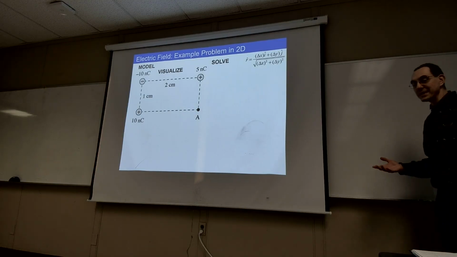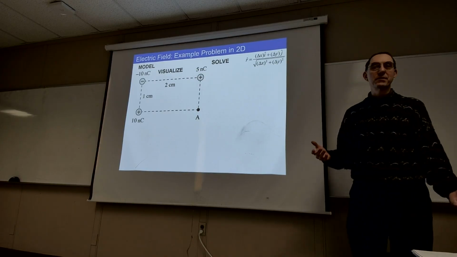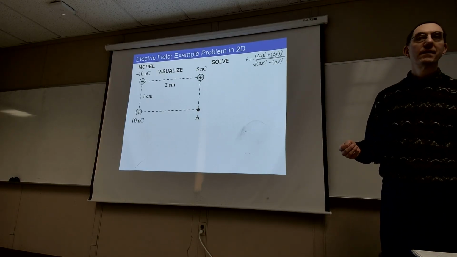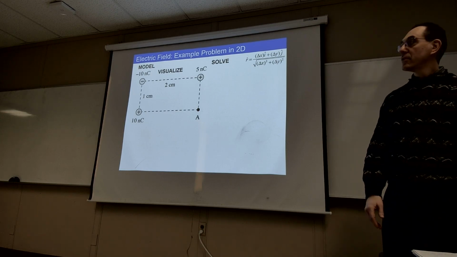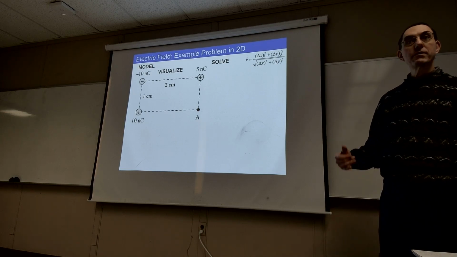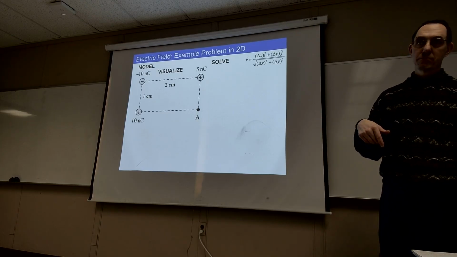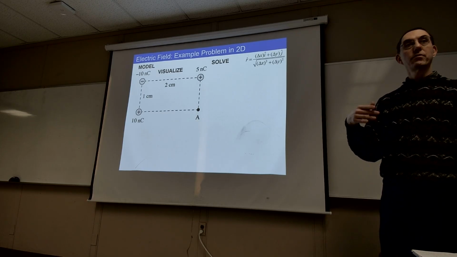I need some equations at least, right? What equation should I use? Yeah, Coulomb's law? Coulomb's law we could use, but we want electric field, right? And Coulomb's law tells me electric force. So, is there another equation that's kind of like that?